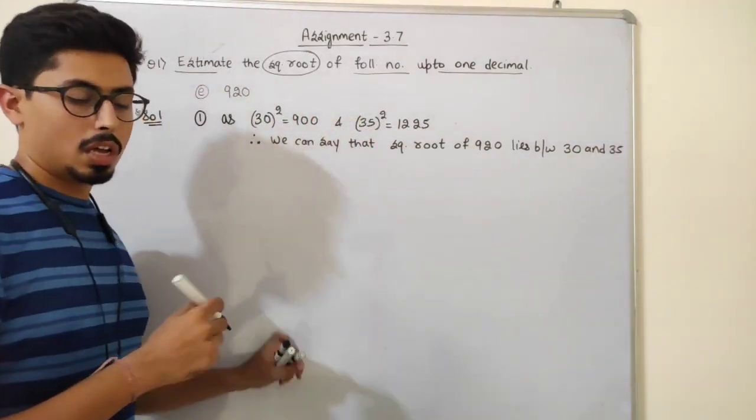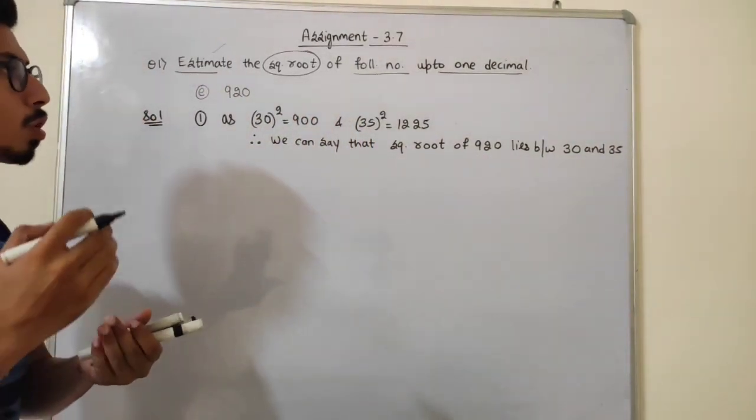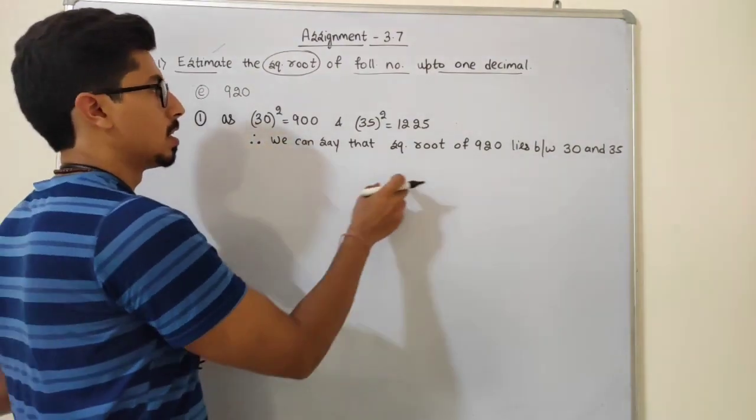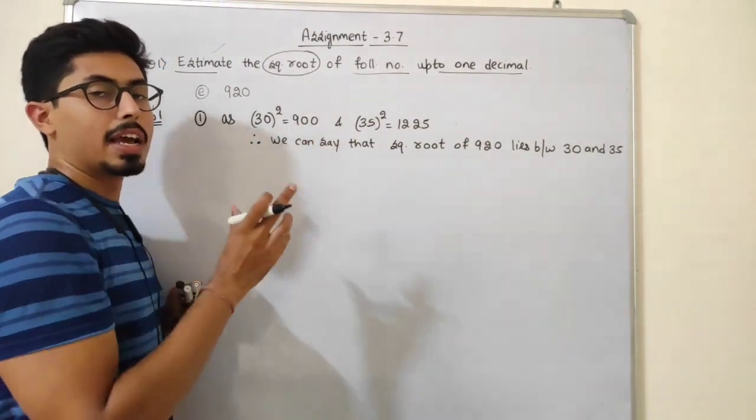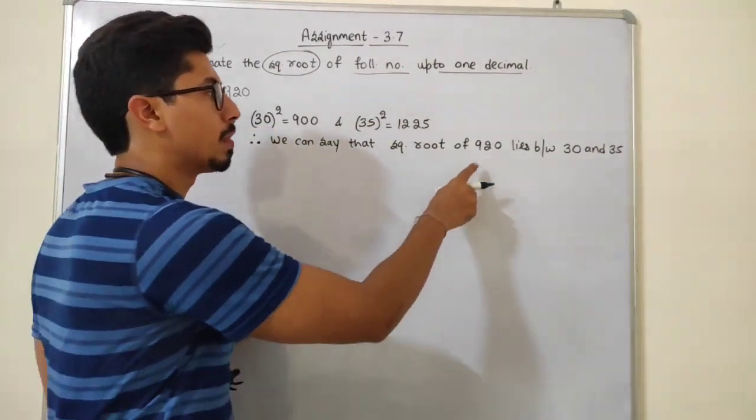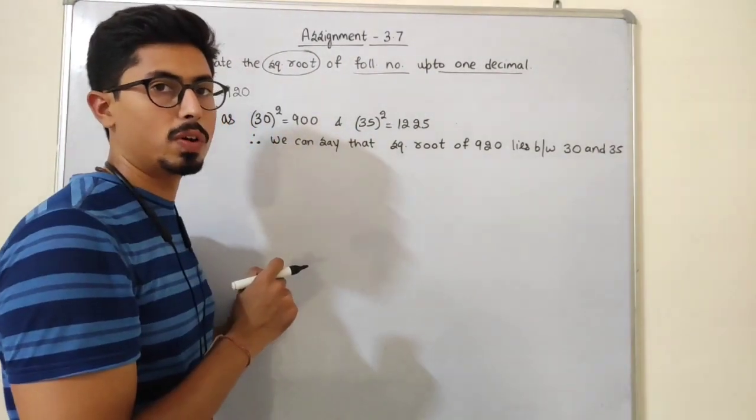Okay, students. Now if I just move more closer, we have 900 here, and we have to find out the square root of 920.